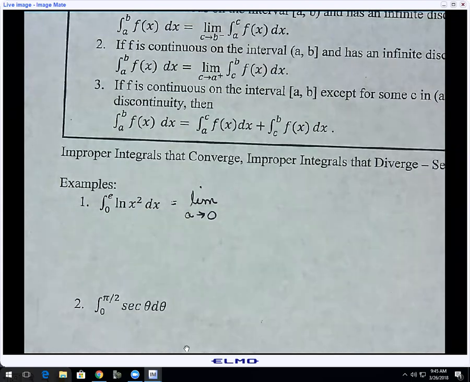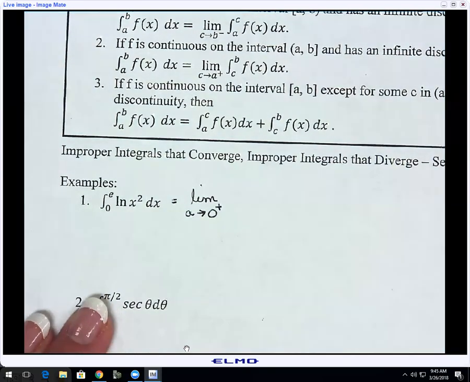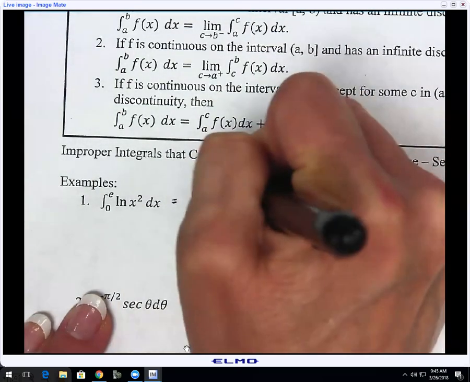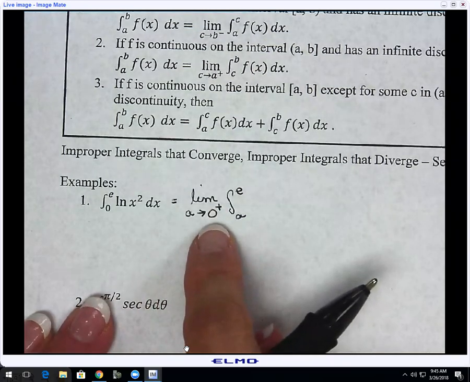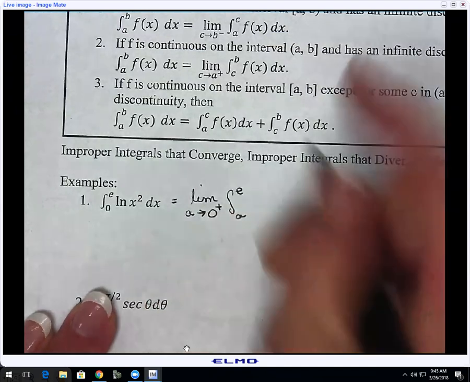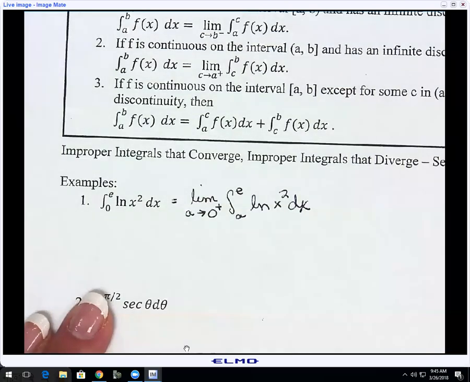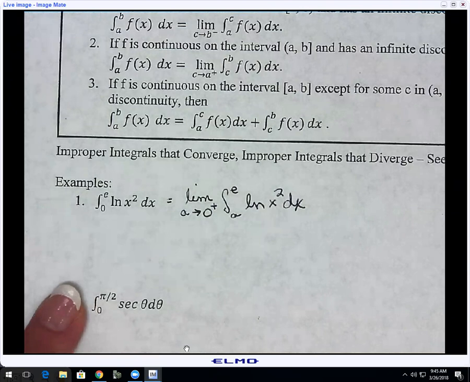If our vertical asymptote's on the left-hand side of the integral, we can approach it from the right. So we're finding the limit as A approaches 0 from the right of the integral from A to e of natural log of x squared dx. And whatever it takes to find that definite integral.